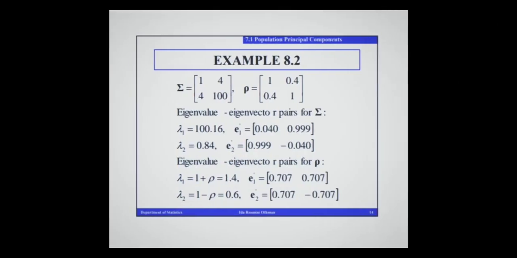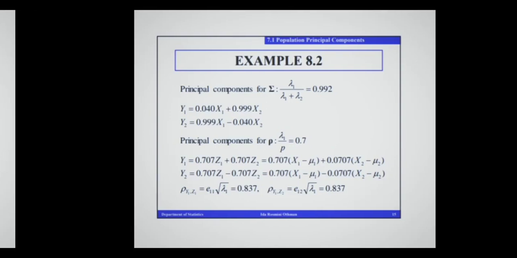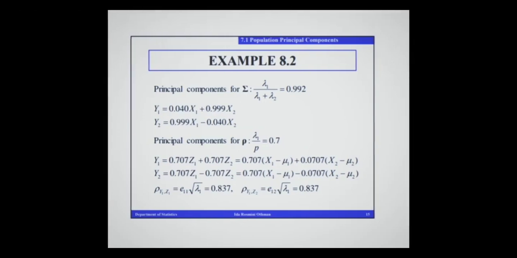So E12 will be this value, the same value you get. Multiplied by the square root of 1.4 too, you will get the same answer here. So it means both Z1 and Z2 will give the same contribution in explaining the first principal component. Okay, that's all actually.